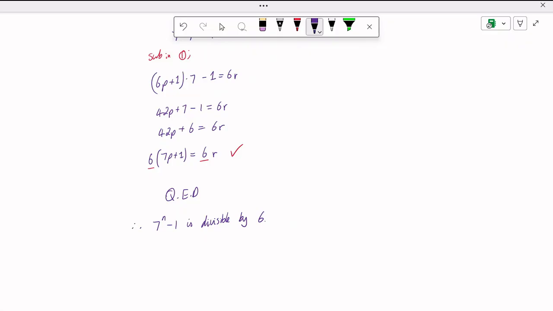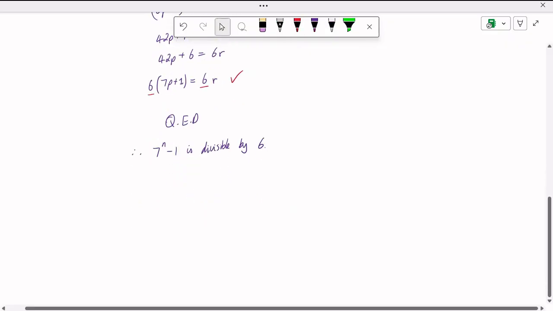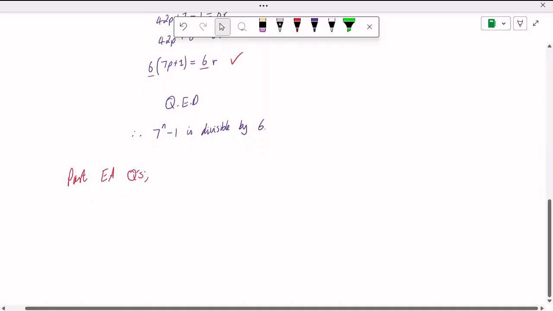Now in regards to past EA questions, we've got a few here. You've got 2024 paper 1 question 3, which I'm going to look at first. You've also got question 16, which I'll have a look at too.